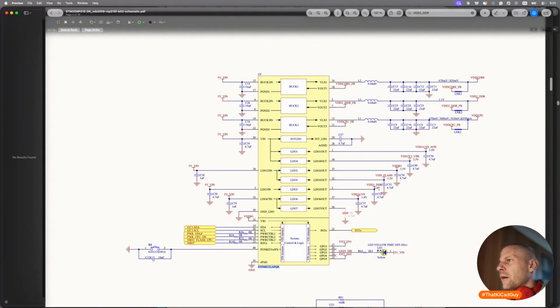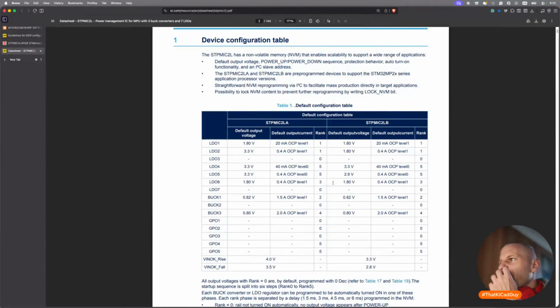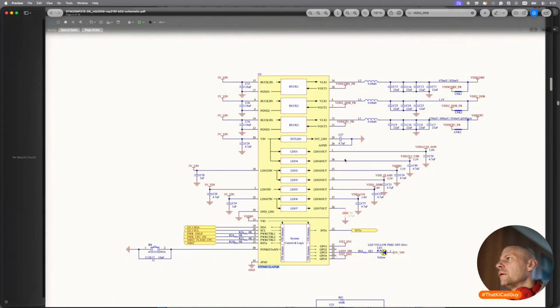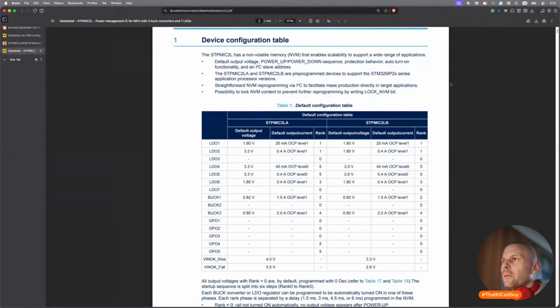VDD1 DDR, LDO3 is 1.8. It's configured or default? LDO3. Nothing. So it's configured again. Okay, that's fine because both outputs for the DDR are offline during the startup. Yeah, that's probably clever. Buck1 is in this case quite low voltage. Yes, the same.